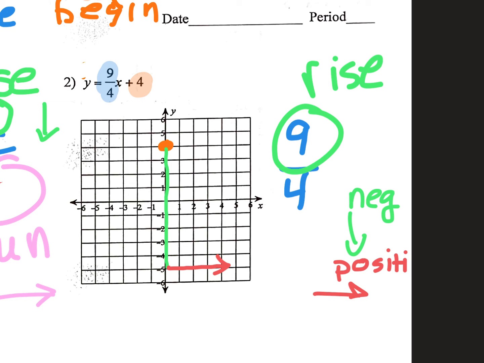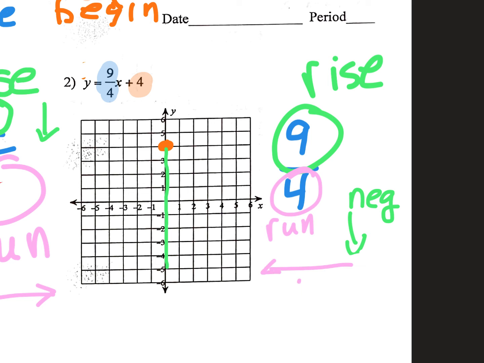That's a negative. So if you graph it like that, you're going to get it wrong because you went down, which is negative, and you went to the right, which is a positive. Just like two negatives make a positive with numbers, it also makes a positive with direction. So instead of going to the right, you're going to go to the left because two negatives make a positive.